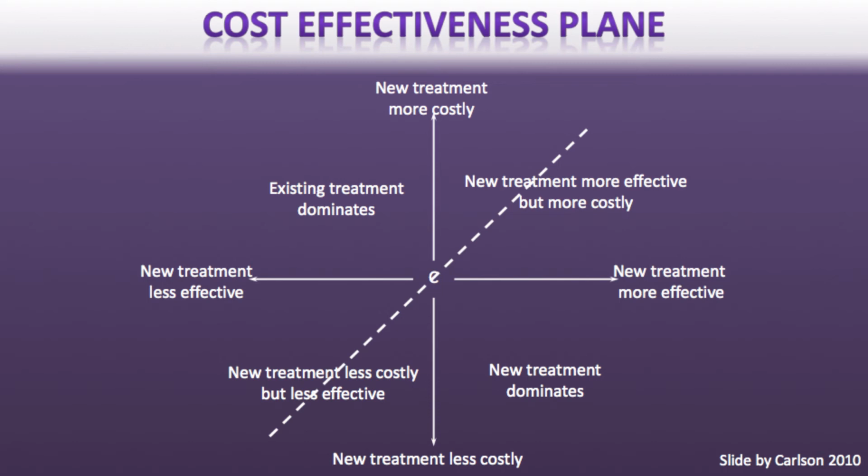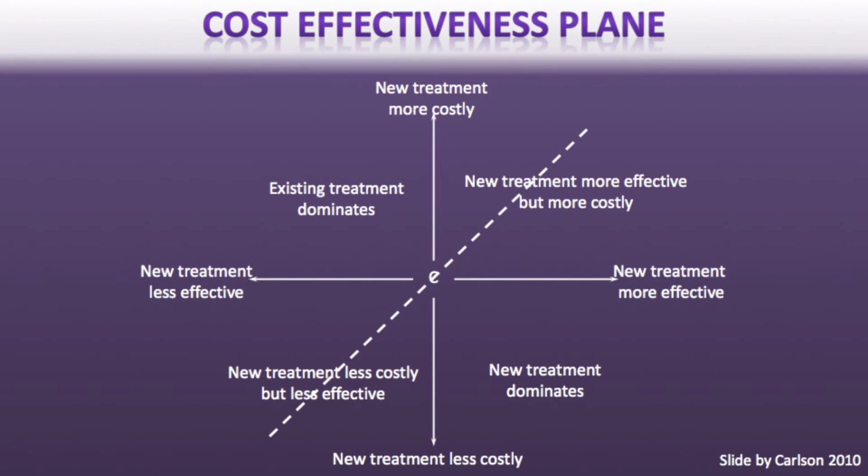Now, there are 2 other quadrants here. One is a situation where the new treatment is less costly but also less effective. This is a situation where maybe we want to spend less and save money, but we also recognize that it's not going to be quite as effective. That can be a trade-off that is sometimes made in public health. Sometimes they'll decide to save money, but recognize that it's just not going to be quite as good as our best treatment option.